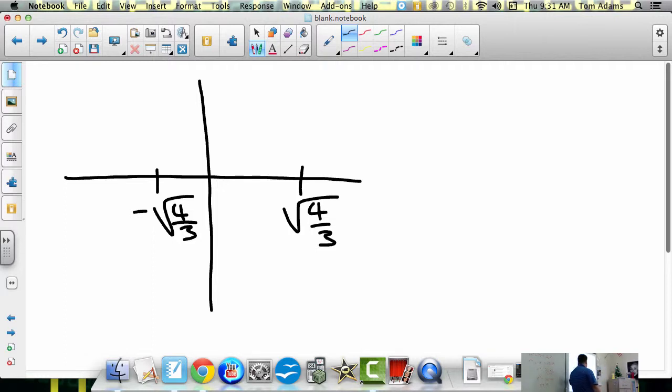Decreasing. No, it was increasing. So the function's going to have a behavior like this, and then at this point, it's going to plateau, decrease, and then here it's going to increase. It should look sort of something like that, right? Yes. Let's see if we're right.